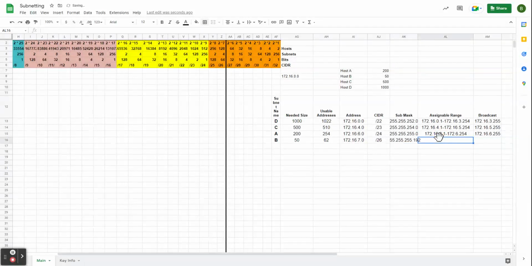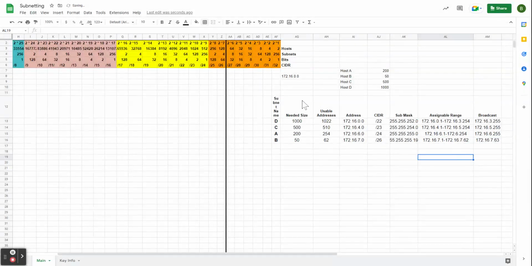Usable addresses will be 172.16.7.1 to 172.16.7.63. Broadcast address of 172.16.7. Sorry, that's 63 and not 62.